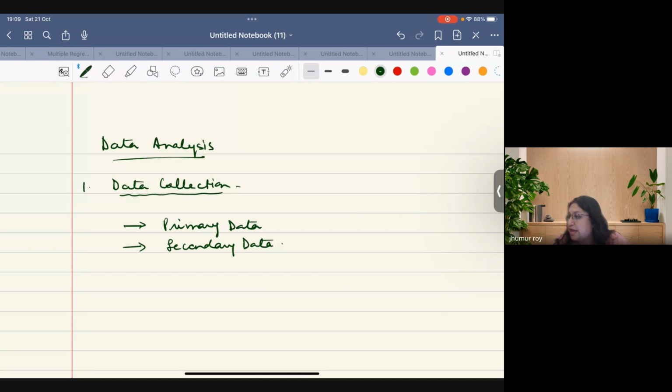The second that we talk about is called a secondary source. Sometimes, suppose you want to find out something about a small city, then it is very easy to go and collect data. But suppose you want to talk about your entire country, or you want to do a comparative analysis between your country and India.